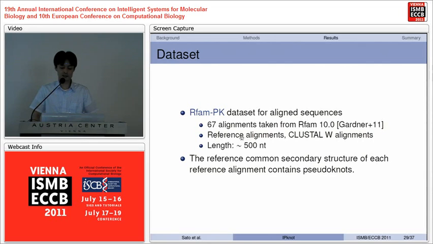The reference alignments were realigned by ClustalW to produce low quality alignments, which don't consider secondary structures. Each reference alignment contains at least one pseudoknot.